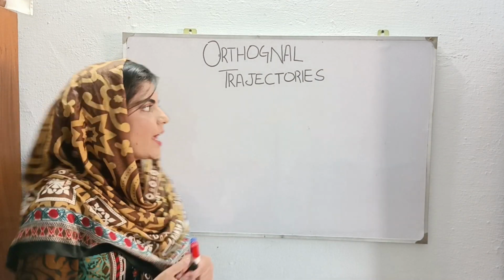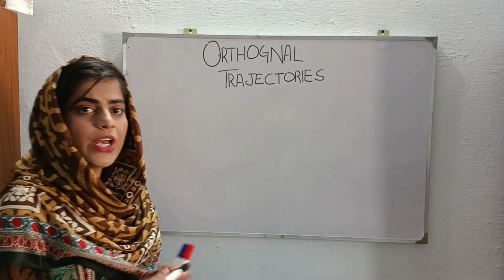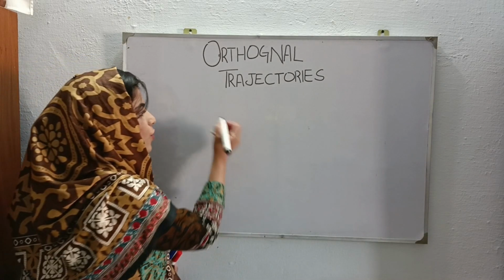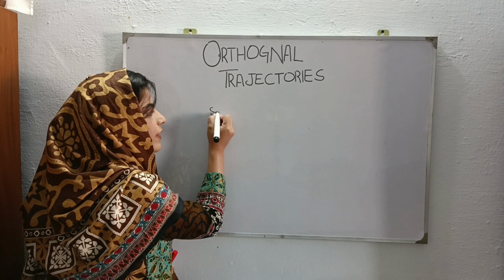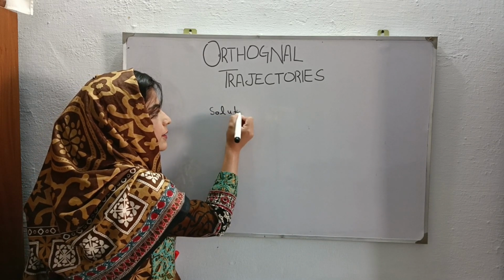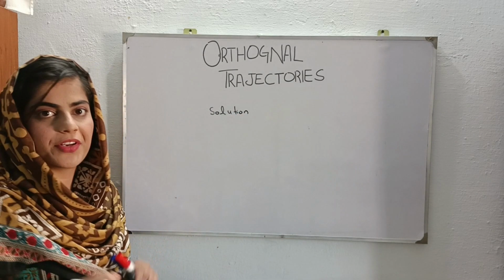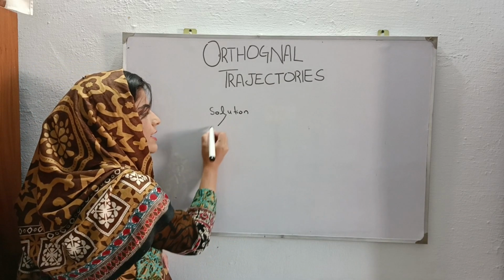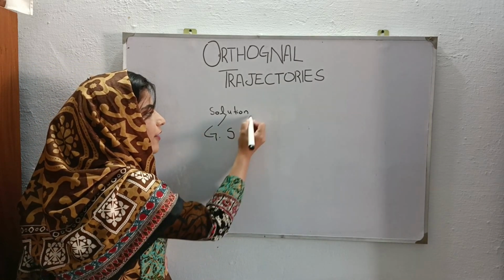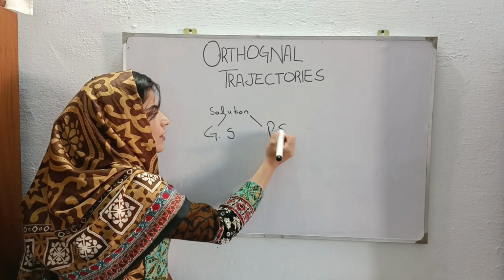Okay guys, I have already explained to you that there are two kinds of solutions of the differential equation. One is the general solution and the other is the particular solution, right?